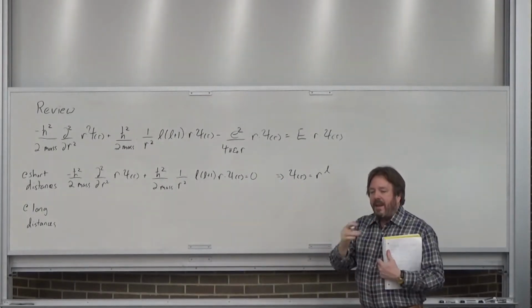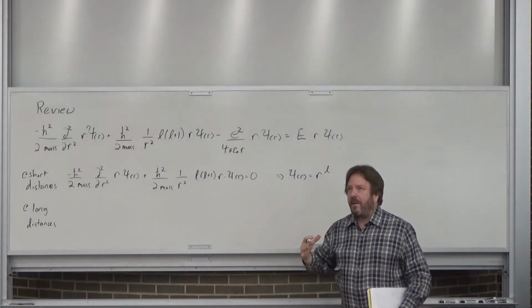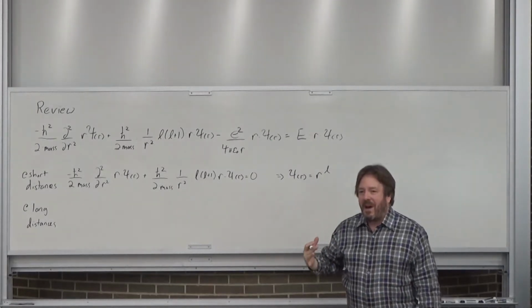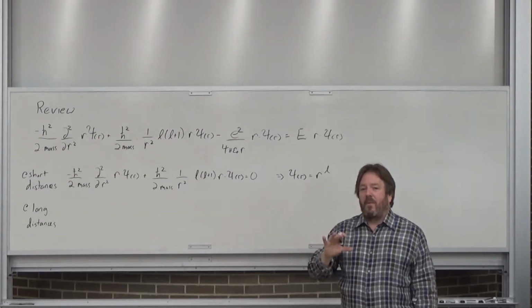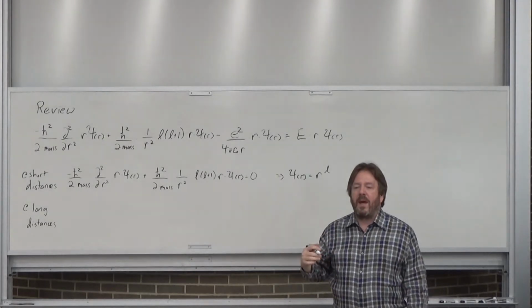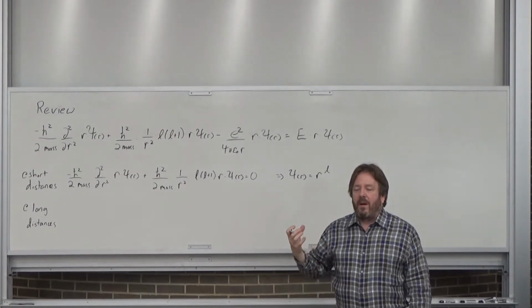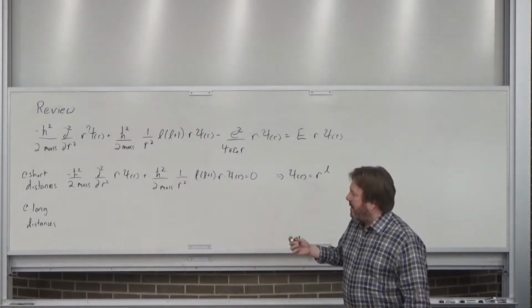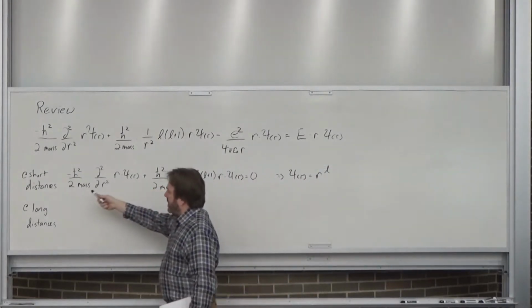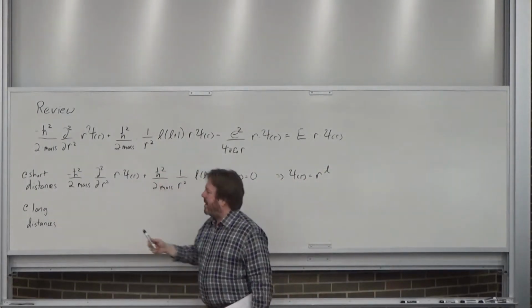Okay, now because I finally have enough time to actually start writing down what the radial wave functions are, but before I do that, I want to point out that there are motifs in the solutions that you can understand by solving this at short distances, and this is where we ended last time.